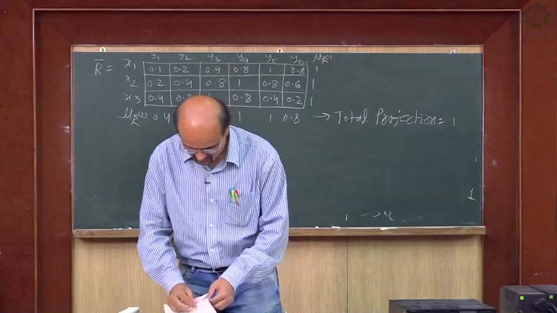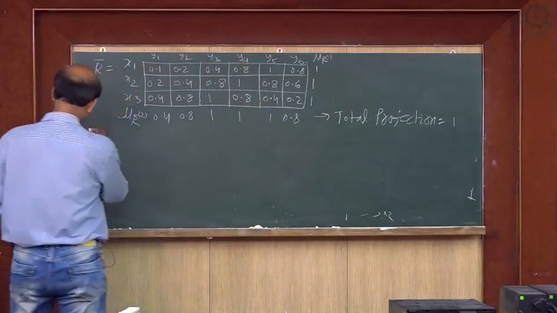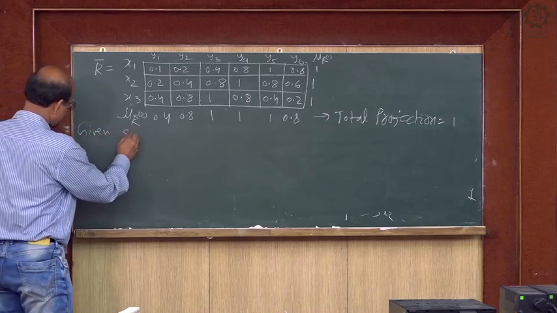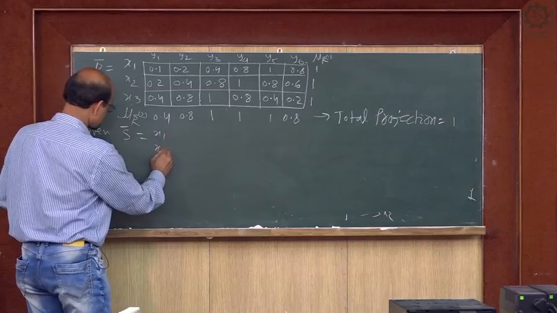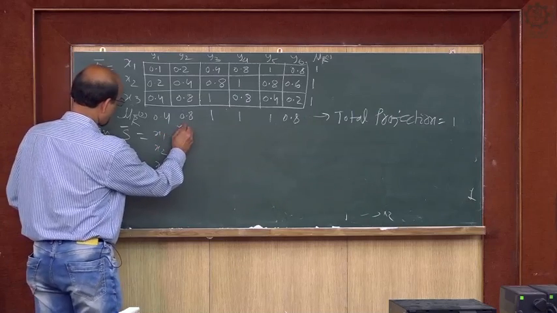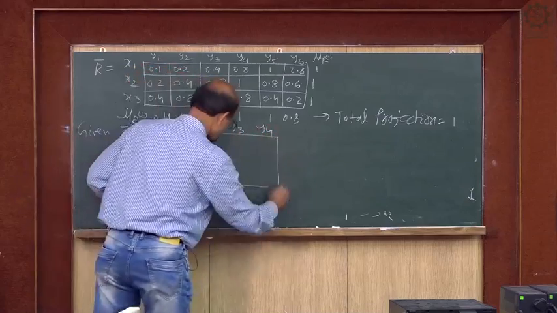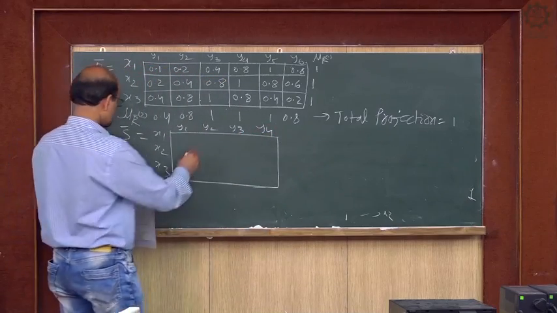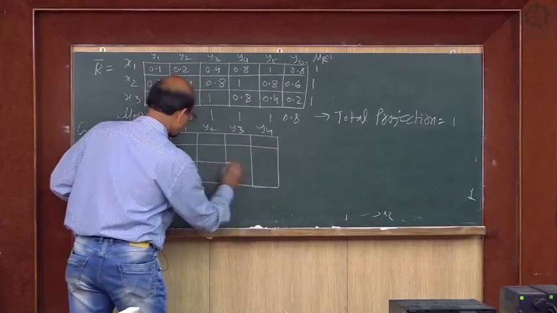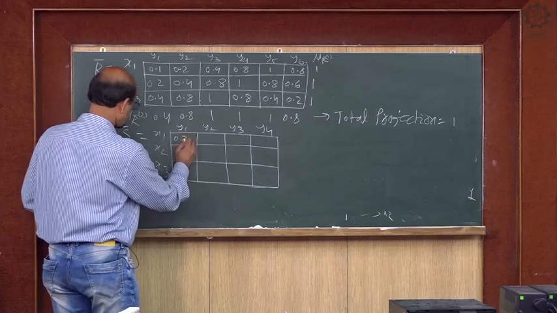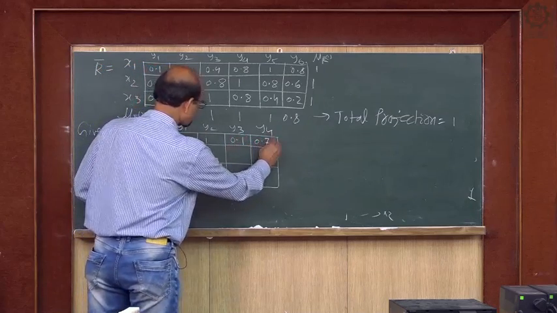So, let us take one example. We are given two relations. Given R bar, a relation from x1, x2, x3 and y1, y2, y3, y4. So, these are given as 0.8, 1, 0.1, 0.7.